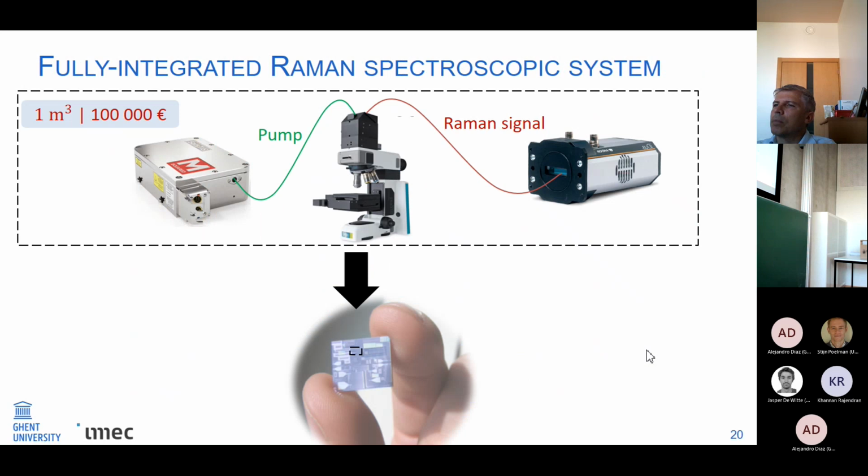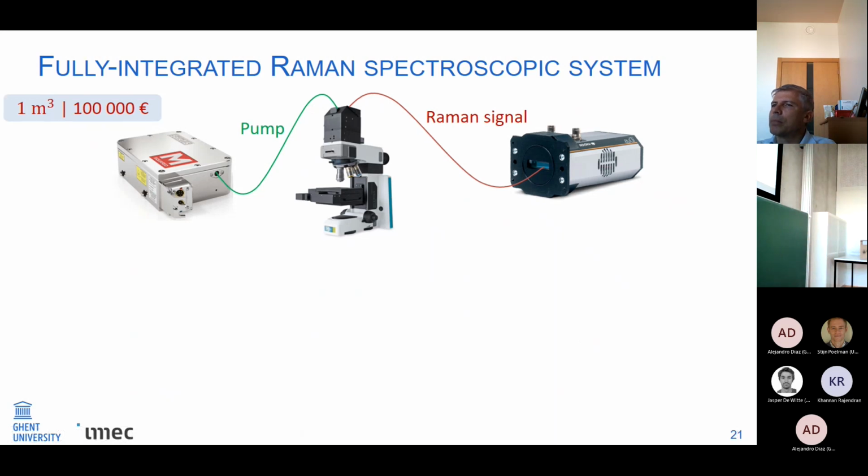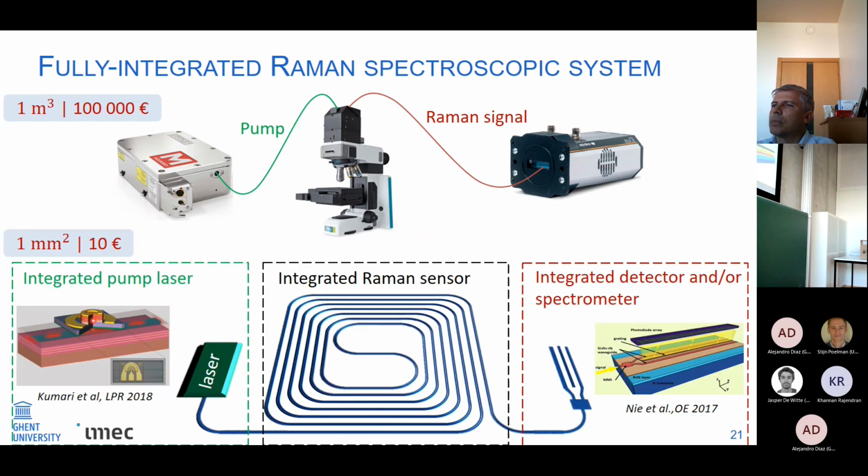So the idea is basically that instead of having all this equipment in the lab, we can integrate all of that onto this tiny chip. And we can go from something that's quite bulky and costly to something that's much cheaper and also much smaller.